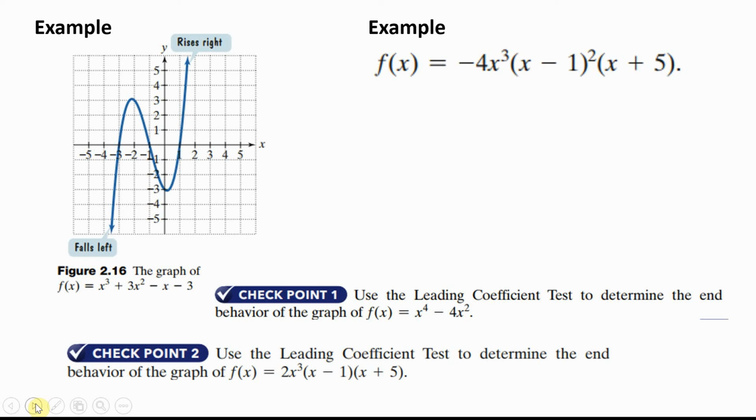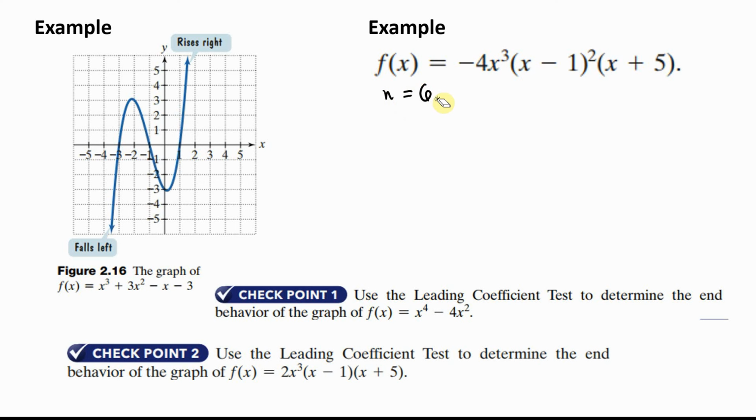Okay, so let's look at this example. What is n? We're trying to determine the end behaviors. What's the degree here? N is equal to what? Did you say 6?